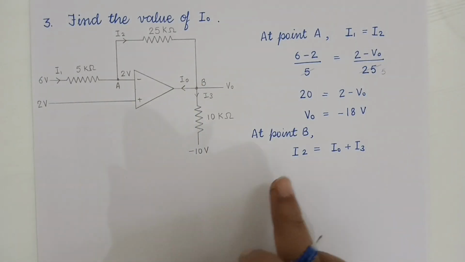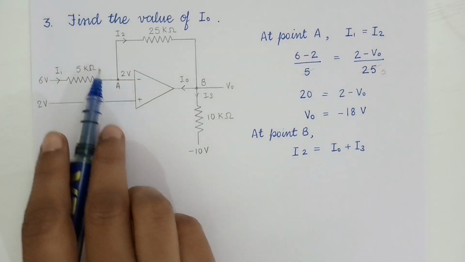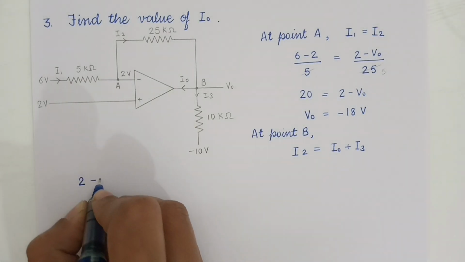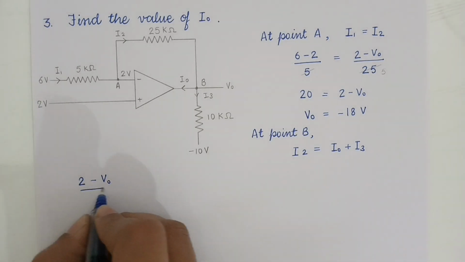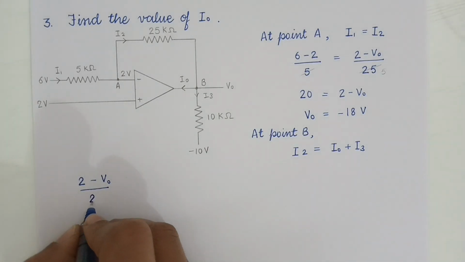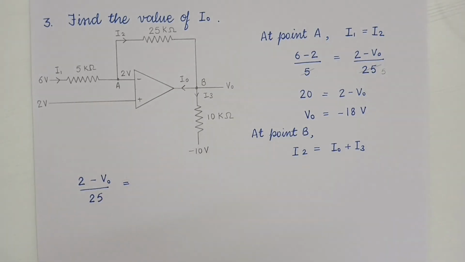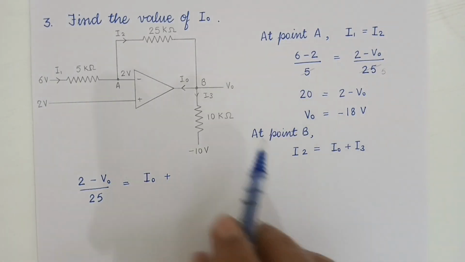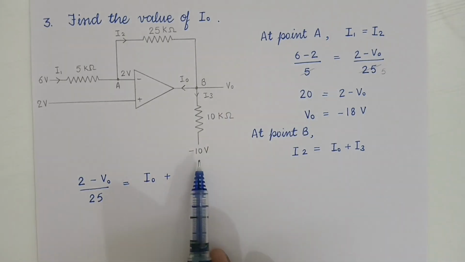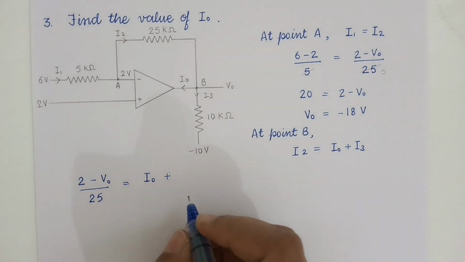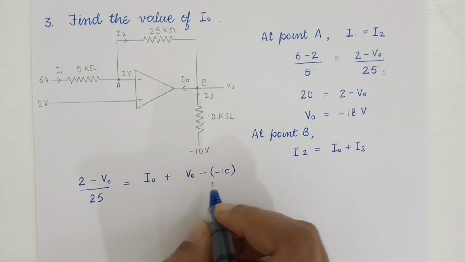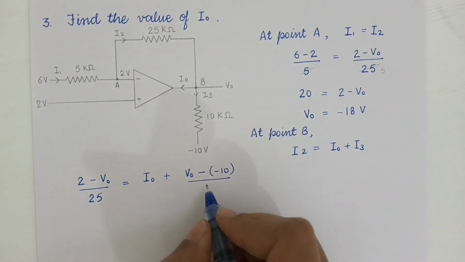Now let's write I2 as 2 volt minus V0, so 2 minus V0 divided by the resistance here, which is 25 kilo ohm, is equals to I0 plus I3. We write I0 as it is because we have to find the value of I0 here. For I3 we have to write V0 minus 10 divided by 10 kilo ohm.